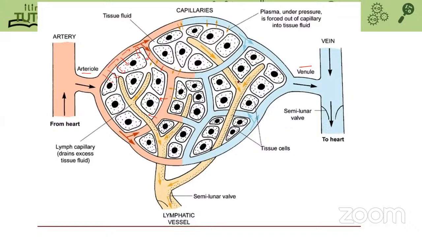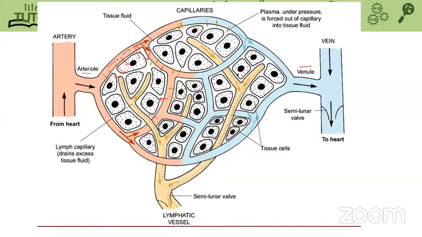However, it is not all the proteins that will find their way back into the venule. Okay, some of these proteins will drain through the lymphatic vessels. So you can see here it is written lymph capillary, or you could just say lymphatic vessels. All right.